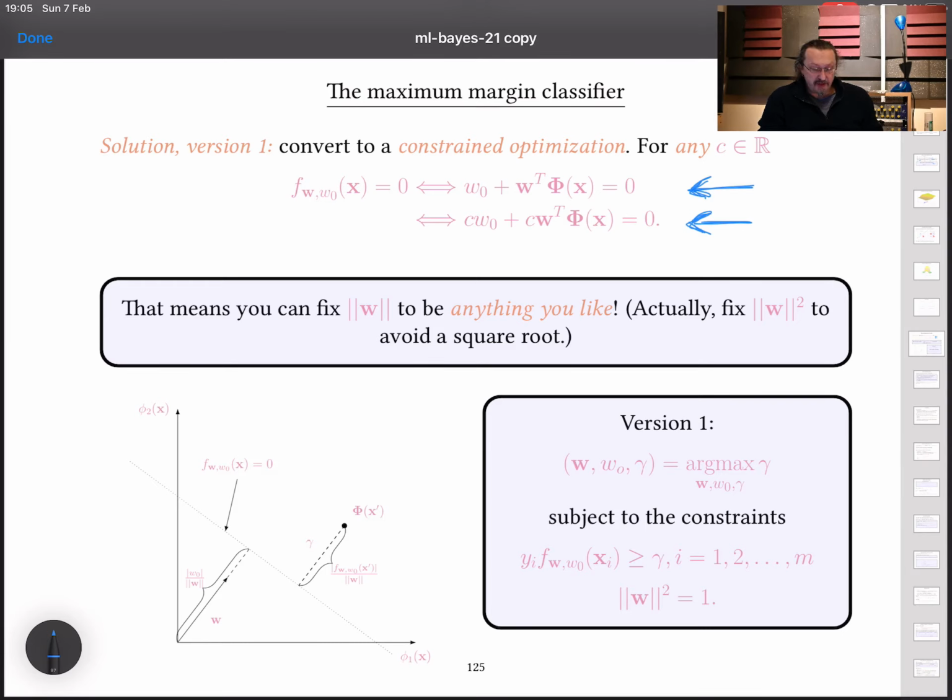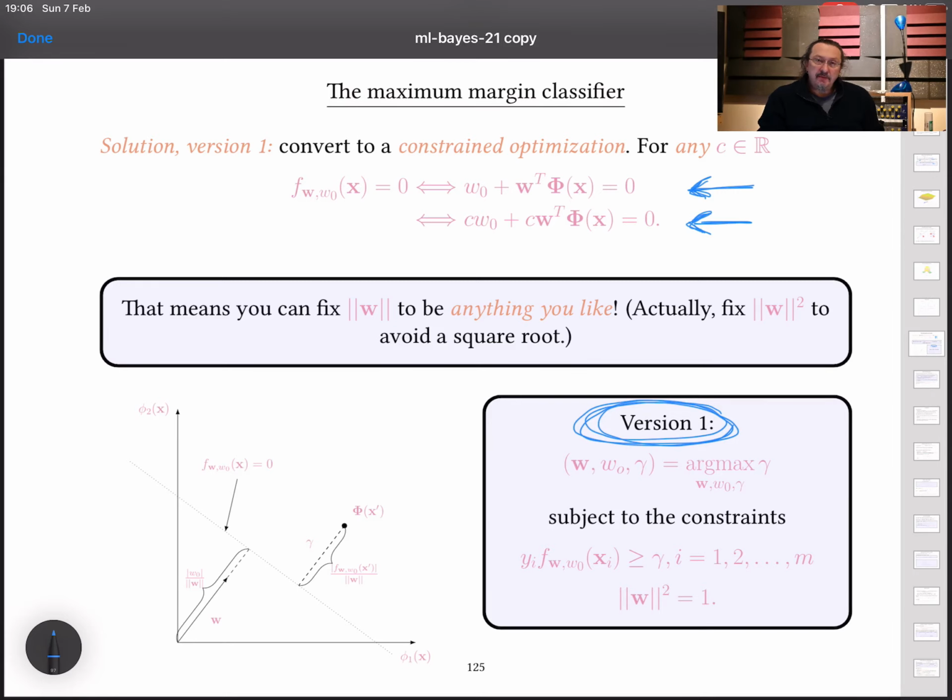And that gives us the margin. And we can formulate the learning problem as in version 1 in this box here. Okay.